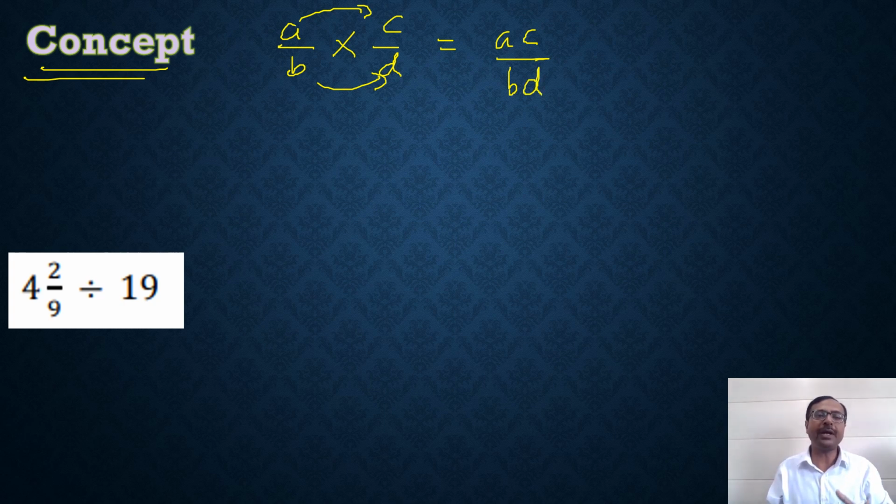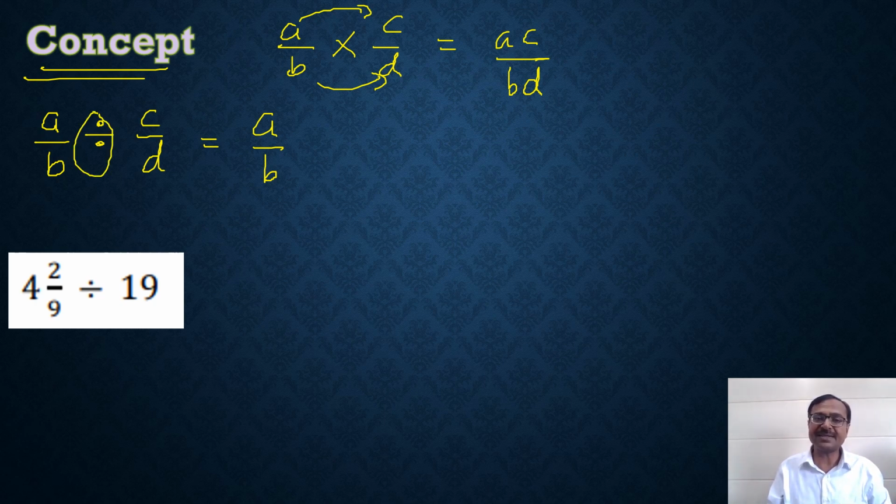Now what do you do in division? In division, suppose you have to divide a upon b by c upon d. Division is the inverse operation of multiplication. So the first fraction does not change, and in the second fraction, what do you do? If the division sign gets converted to multiplication sign, then the second fraction is flipped.